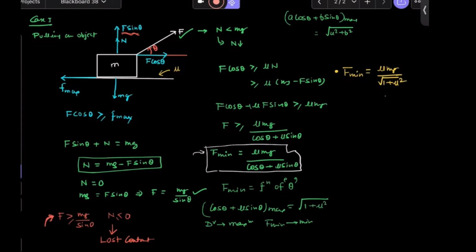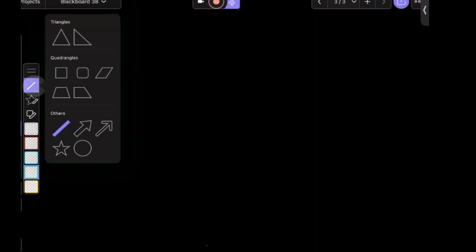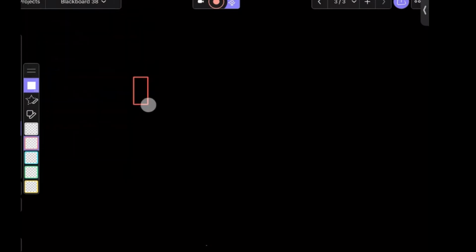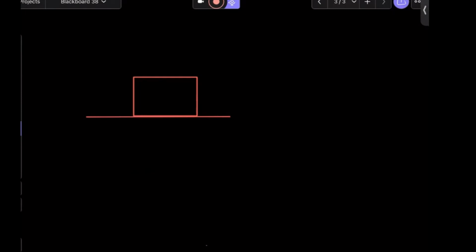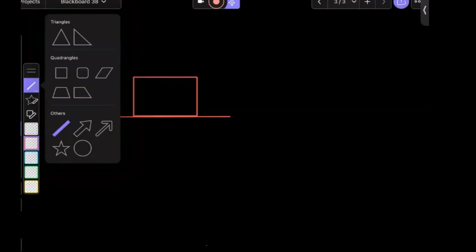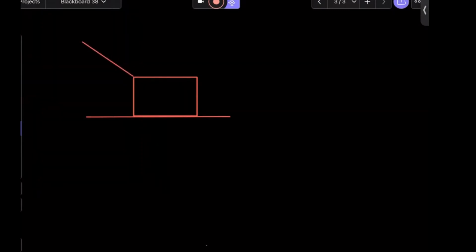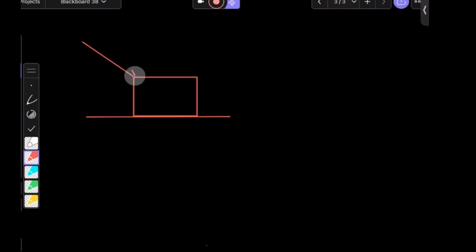Next, we will see the case of pushing. Now you understand what it means by taking components. So I have this force F acting here.